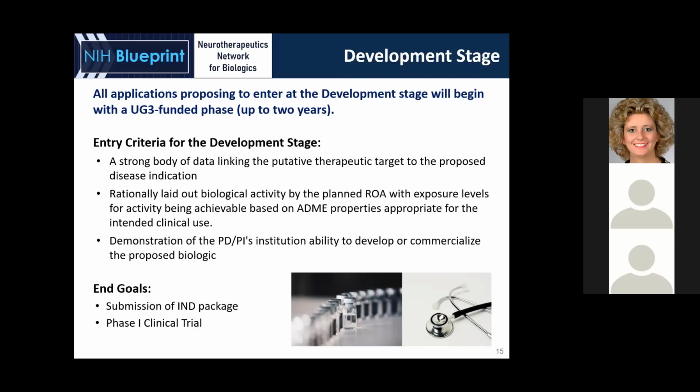And you want to make sure that you can demonstrate that the PI and the PI's institution are able to develop or commercialize the proposed biologic, because the end goal of the development stage is submission of the IND package and the initiation of the phase 1 clinical trial in healthy individuals, looking at safety and toxicity.